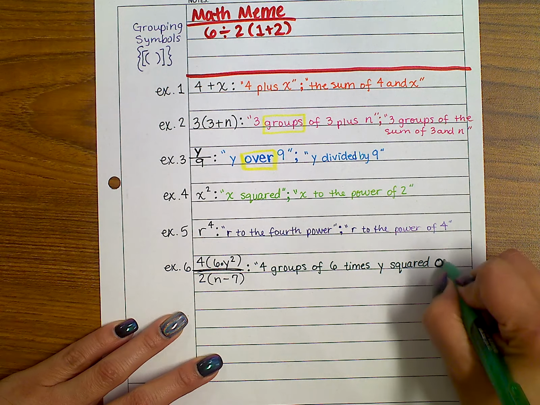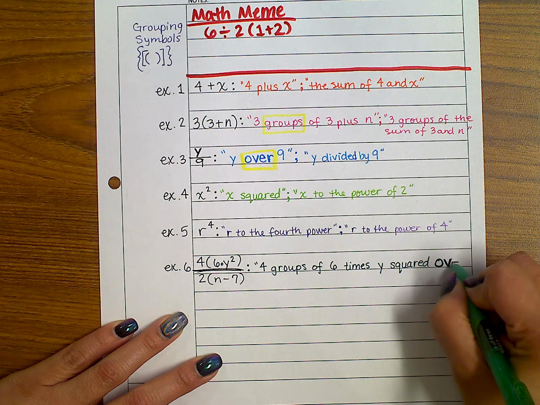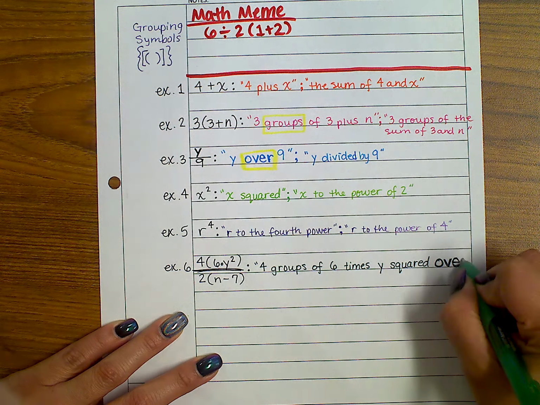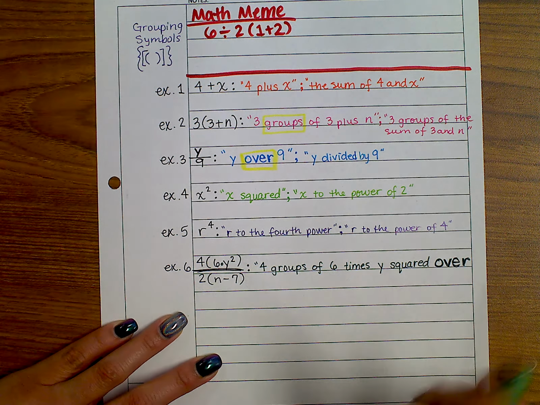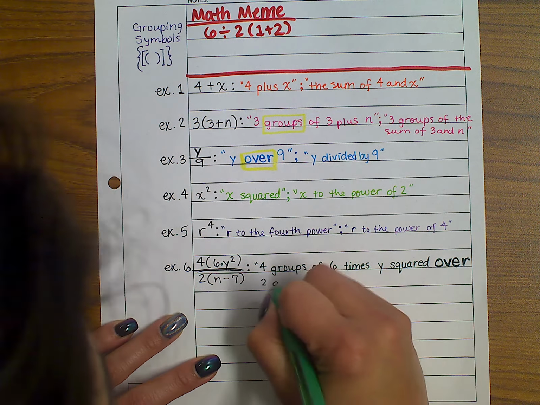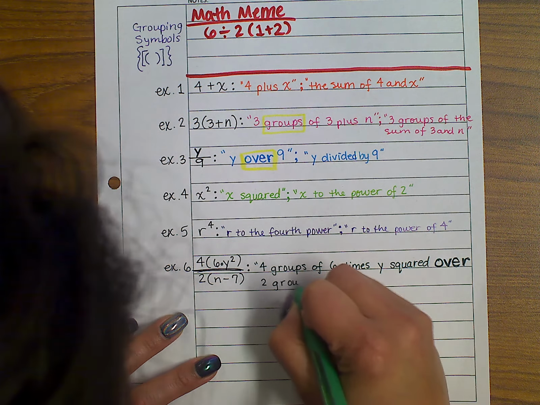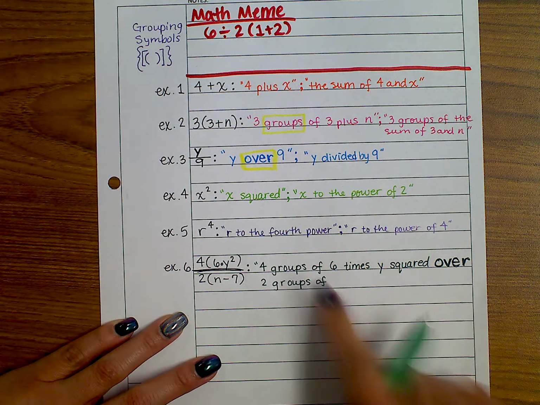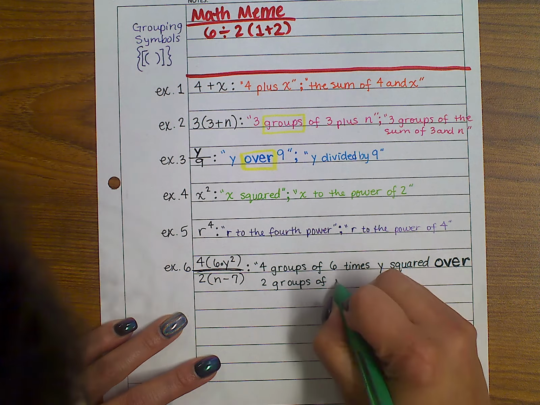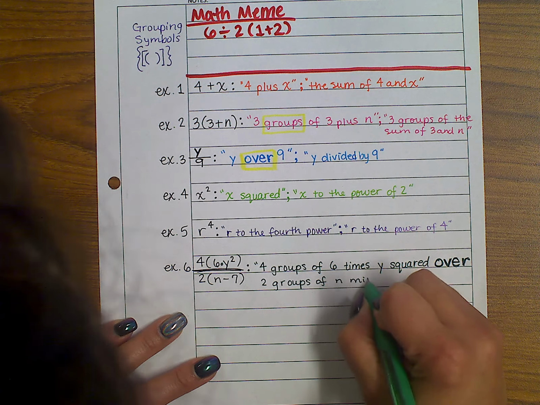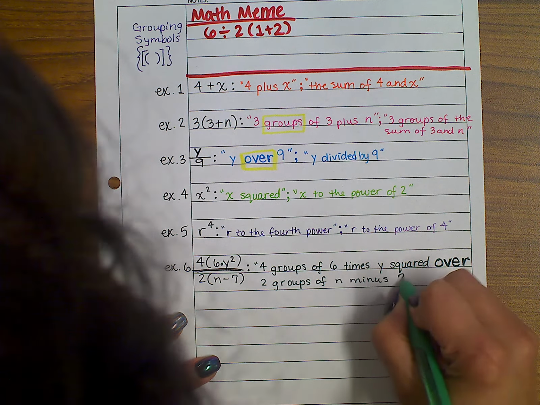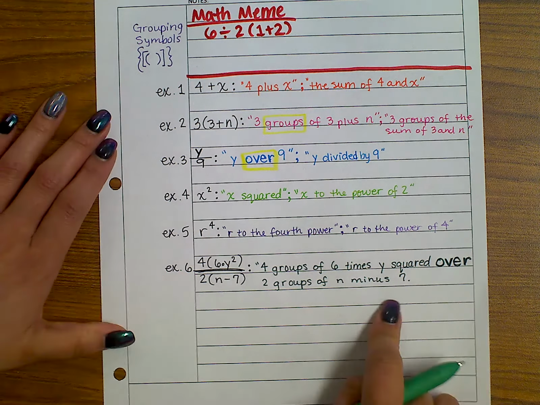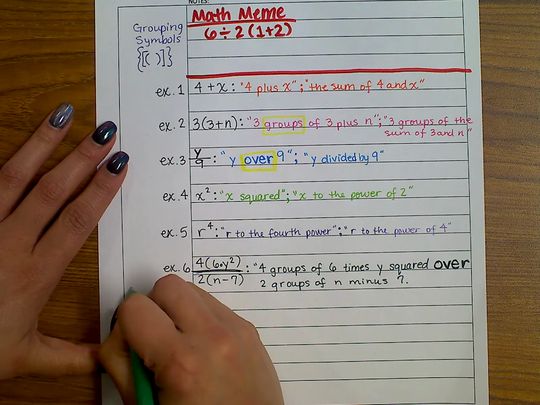Then, just like I said, I prefer this one over 2 groups, because again, we have a grouping symbol of, and you guys went with the easy one for me, and y'all said n minus 7. Now, let's talk about that n minus 7 over here.